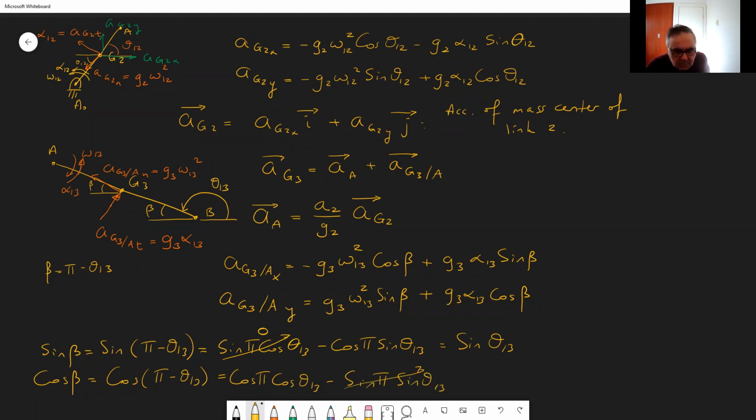This goes away. Cosine pi is minus 1, so this is minus cosine theta 1,3. So you can replace the betas with theta 1,3s if you like. Doesn't really matter.